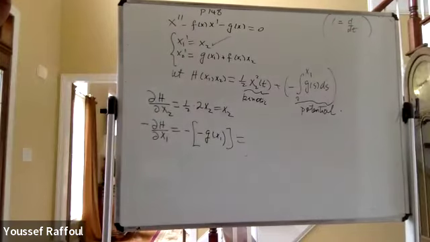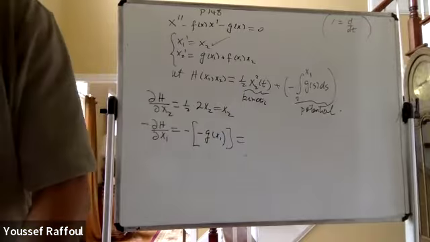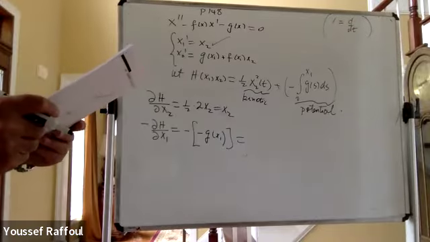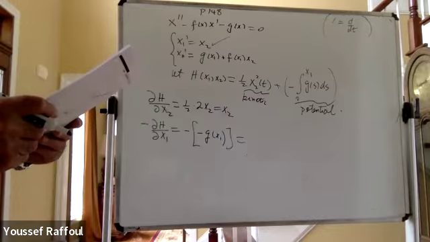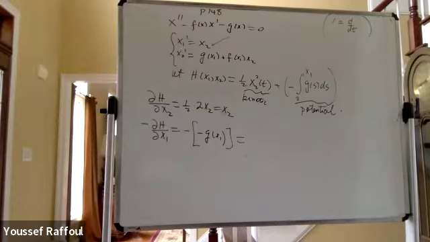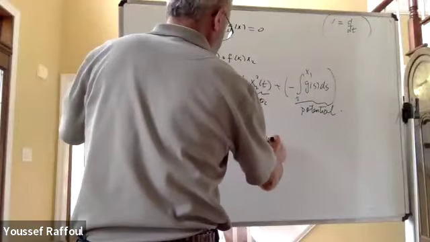And that is, let's see, x1, x2 prime. Okay, let's see. x2 prime is g of x1, so this is g of x1.